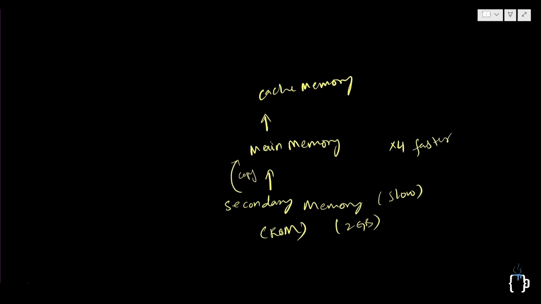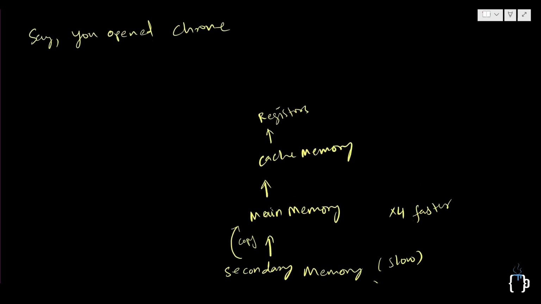But still, this speed is not sufficient to feed data to the CPU. So we again use cache memory, which is faster than main memory. From this cache memory, the data is transferred to registers.